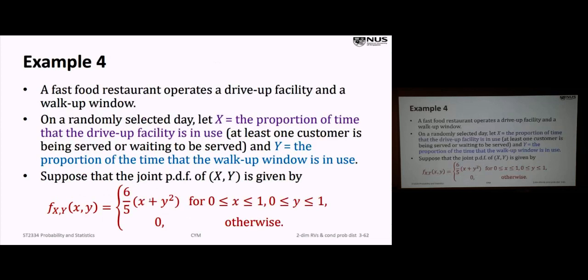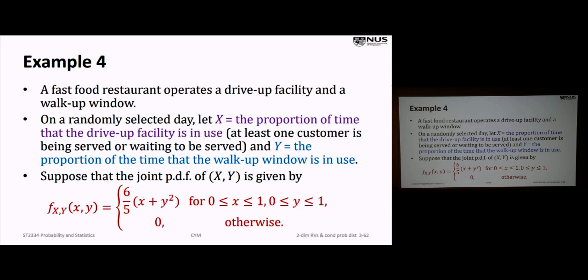Okay, oh, that was surprisingly easy. Okay, example 4. So example 4 goes back to our example on fast food restaurants, which have a drive-up and walk-up window. Again, it's virtually the same thing in my mind, except you have to have the road for the former.